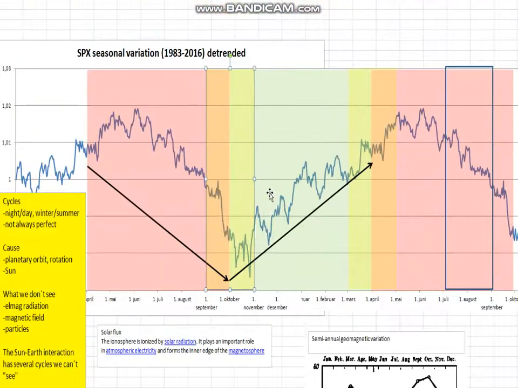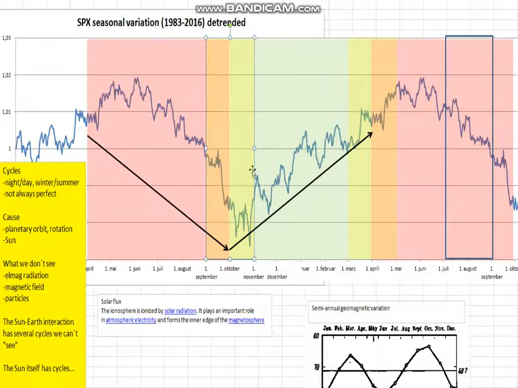So let's make a hypothesis that these periods of geomagnetic vulnerability cause irrational behavior. So then let's put this into the seasonal variation.